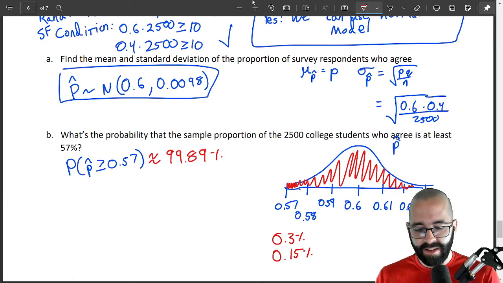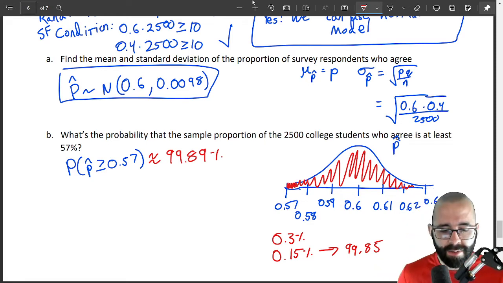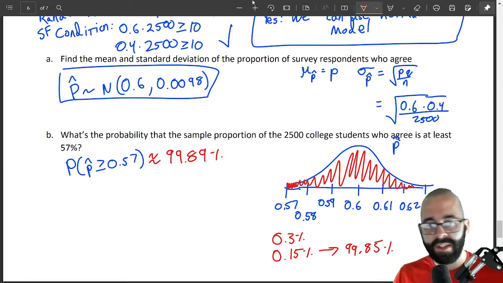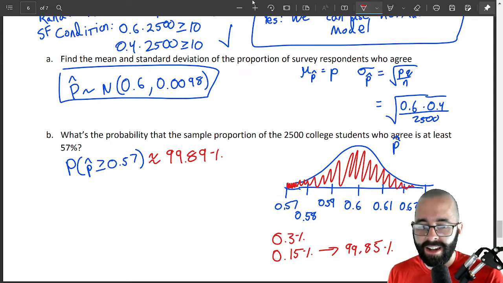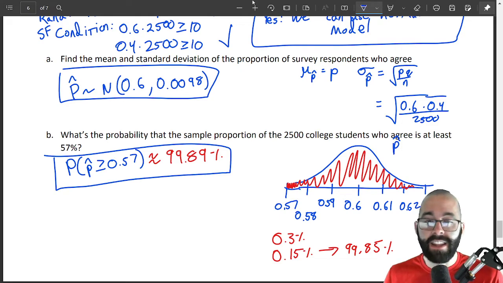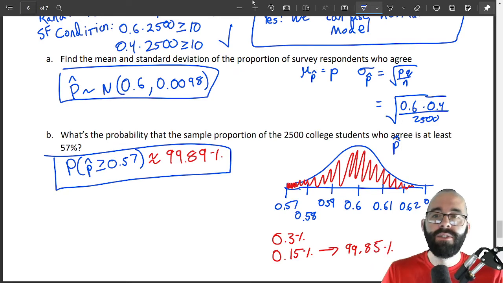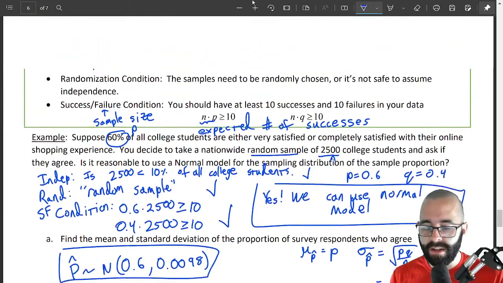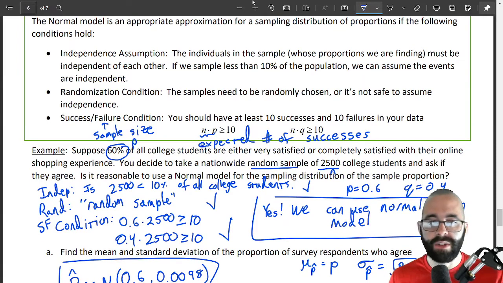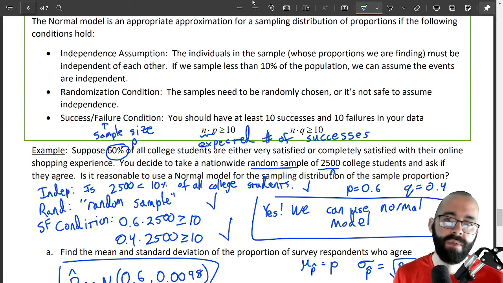So our estimate from the empirical rule is actually 99.85%. So yeah, pretty good estimate. So it's almost guaranteed. Not quite guaranteed, but almost guaranteed that in this sample, at least 57% are going to agree with this thing that originally 60% of everyone thinks.